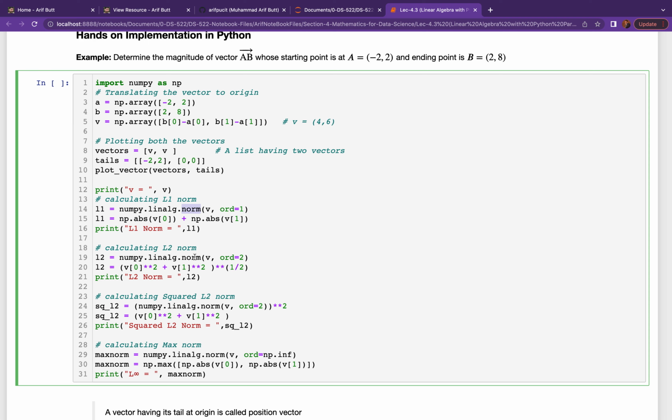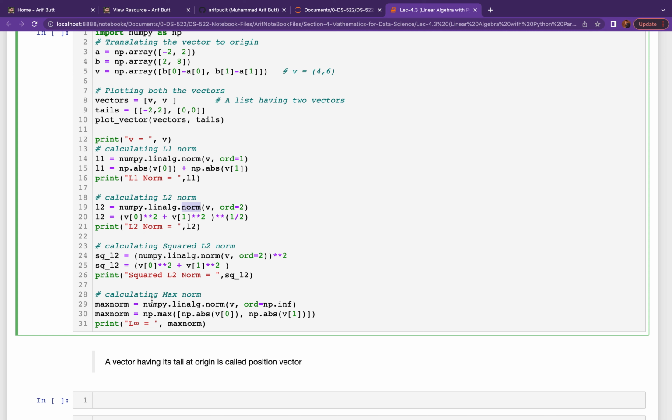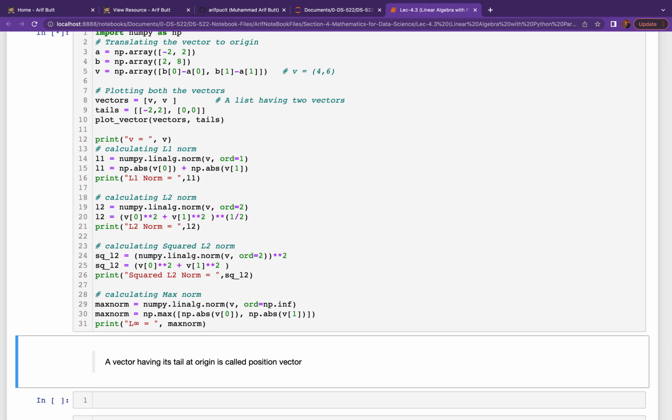If I use the norm method and pass ord equal to 2, that means I am calculating the L2 norm. And of course you can use the mathematical formula to compute it, and similarly we can compute the squared L2 norm and the max norm. Let me run it.